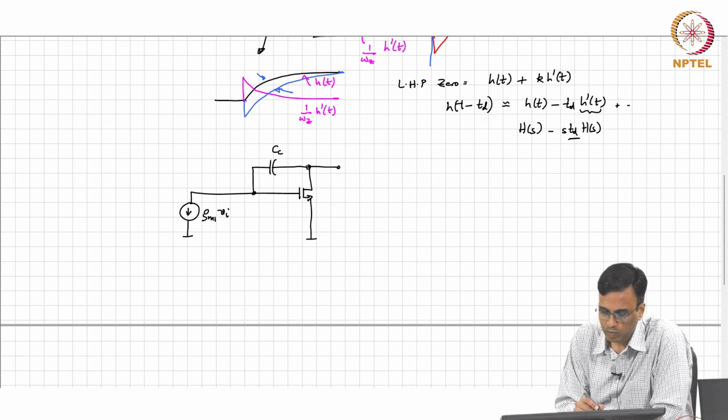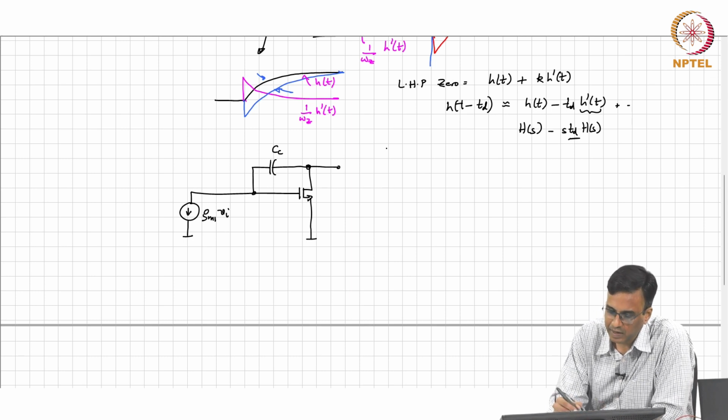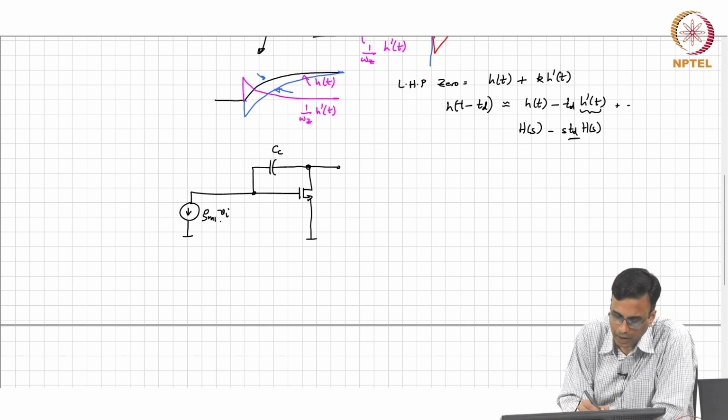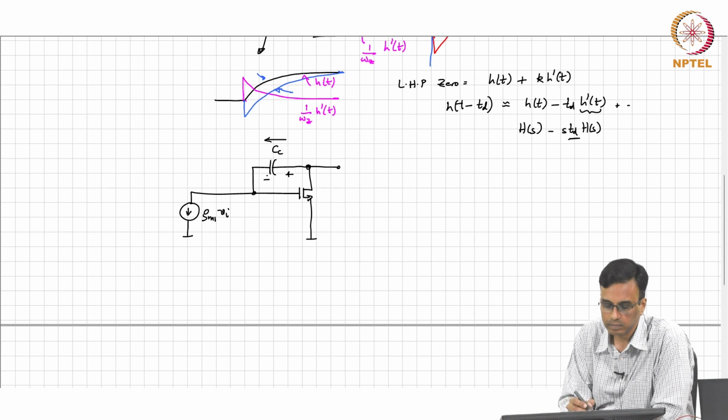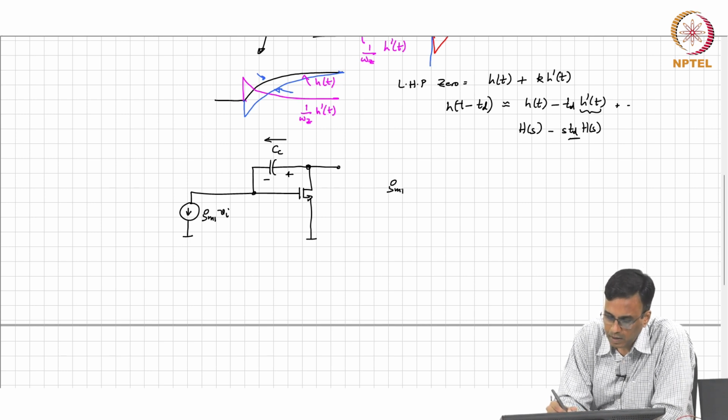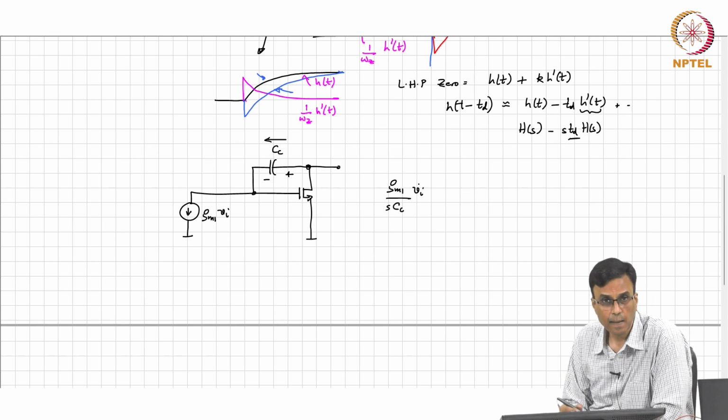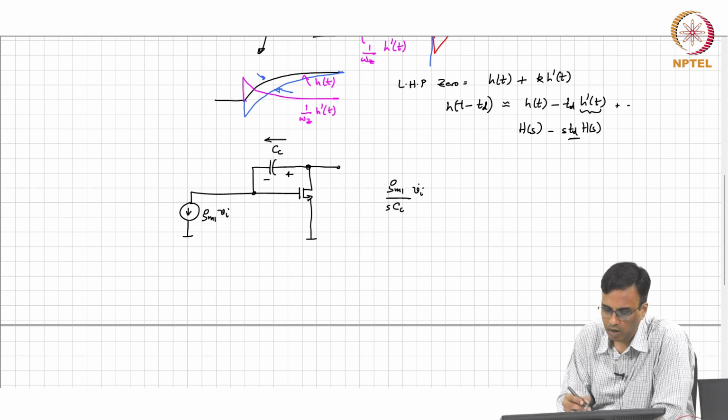To first order, we want this GM1 times Vi current to flow through CC, causing a voltage drop GM1 by SCC times Vi. Okay. But what is the problem? I am trying to understand the origin of the 0, correct.